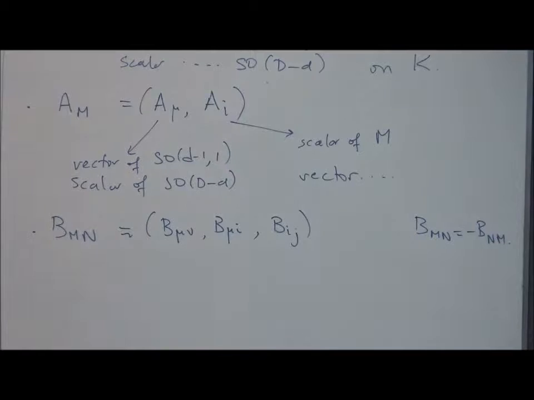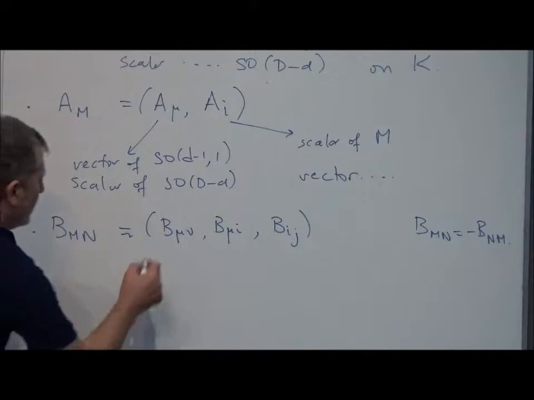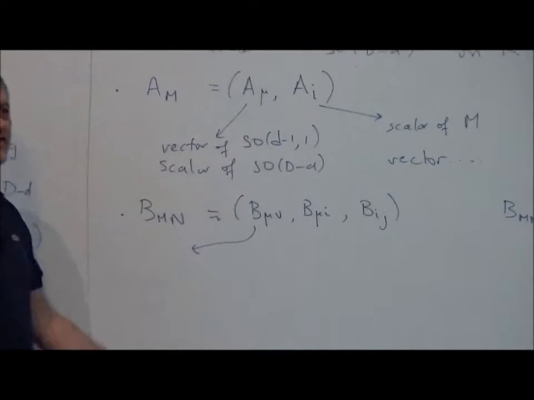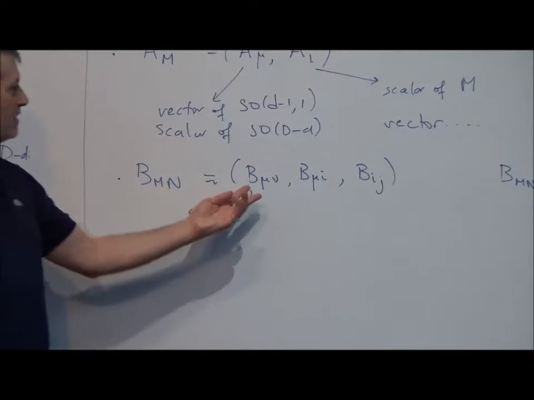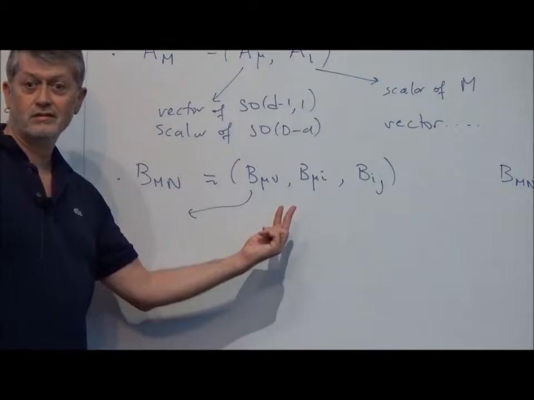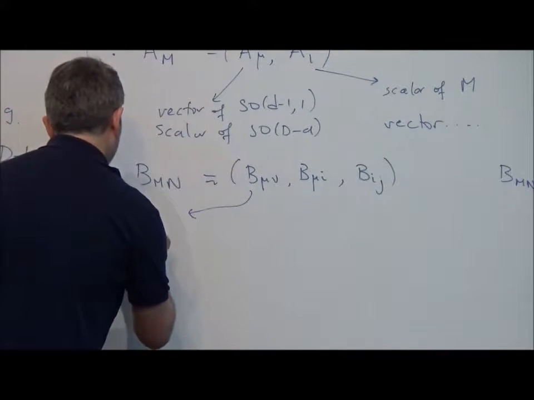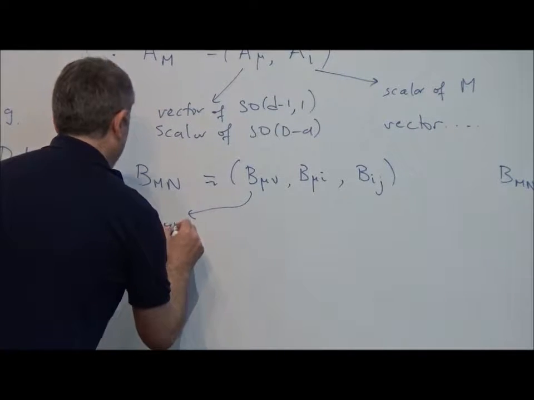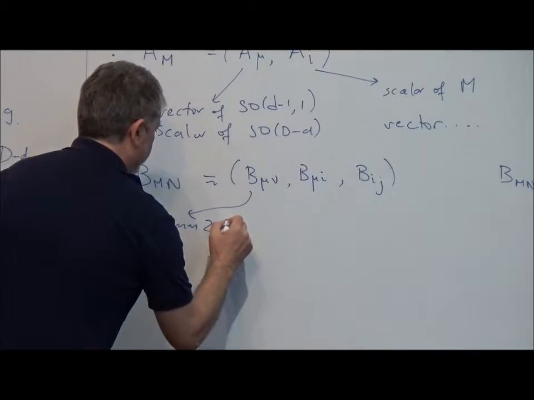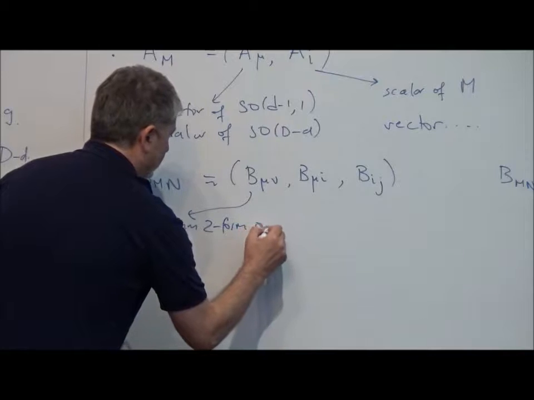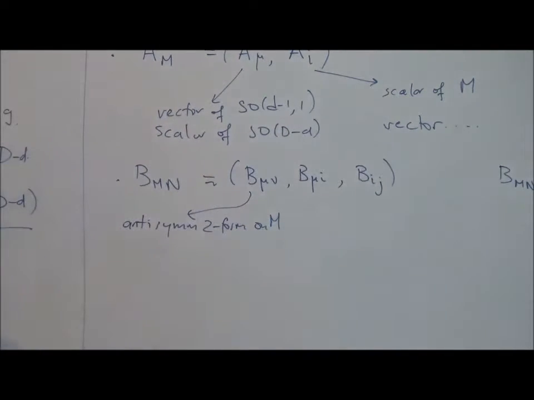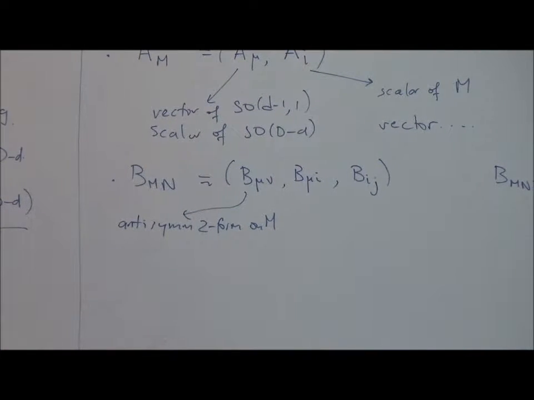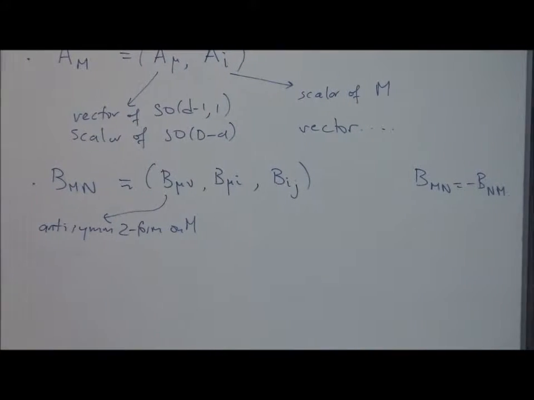Okay? So now, let's play the same game. As far as M is concerned, this is antisymmetric, right? So this is an antisymmetric tensor on M. What is it on K? Scalar.